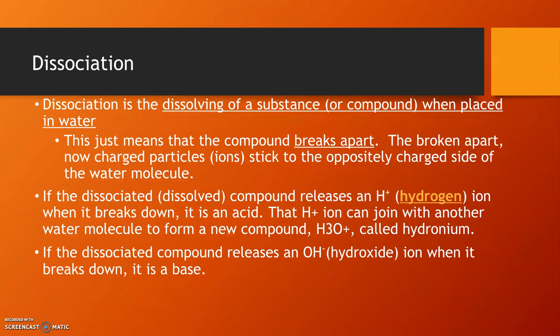Now, if the dissociated compound releases a negative OH, which is called a hydroxide ion, when it breaks down, it is a base. NaOH is an example of this, which is sodium hydroxide, and we're going to talk about that more in the notes.